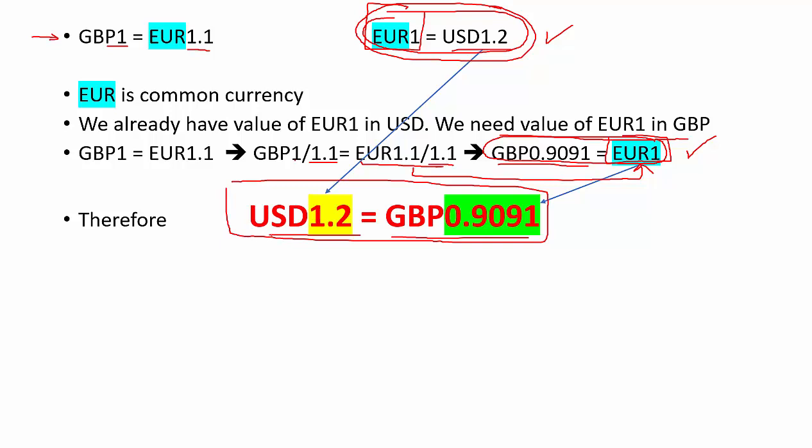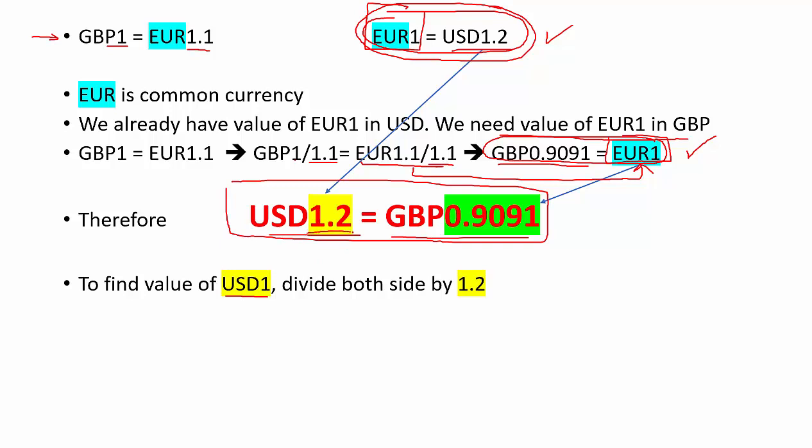So now depending on the cross rate we look for, you know the trick, right? You divide both sides by either 1.2 or 0.9091. So let's calculate the value of $1 US in pound. The trick is, in order to turn 1.2 here into 1, how can we do it? Clearly, you simply divide both sides by 1.2.